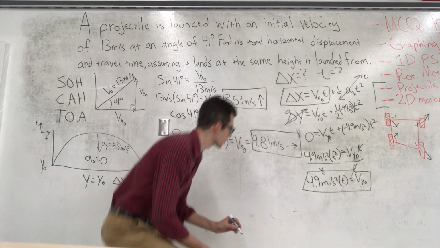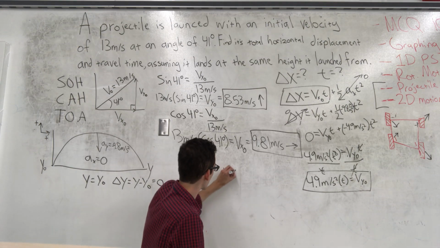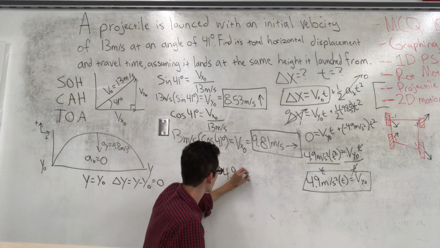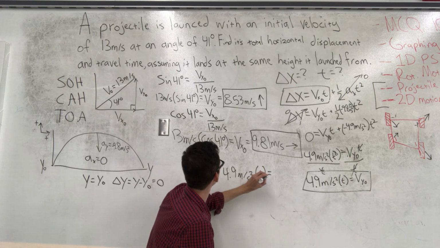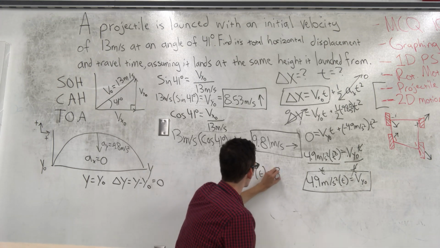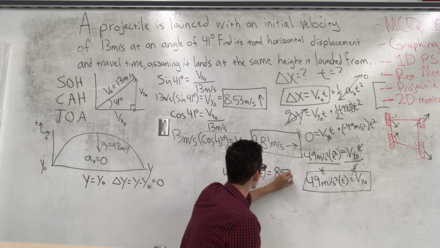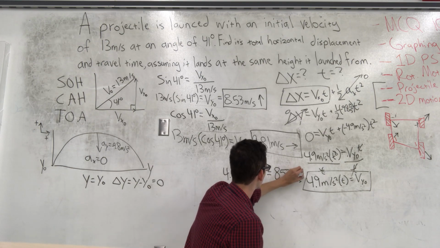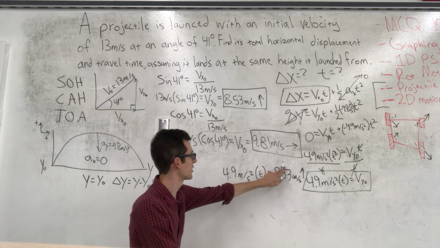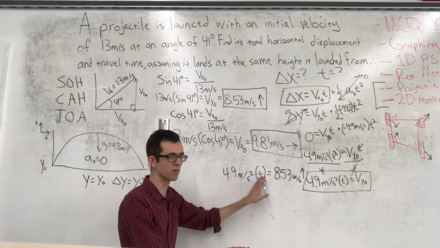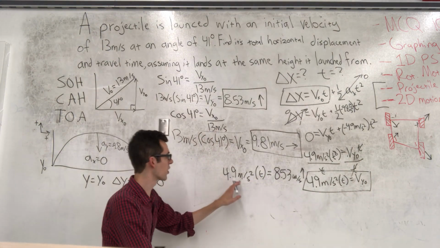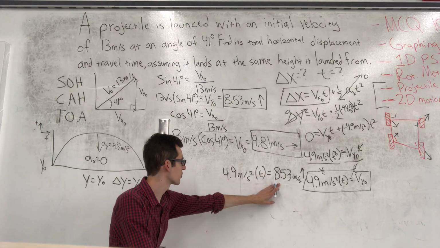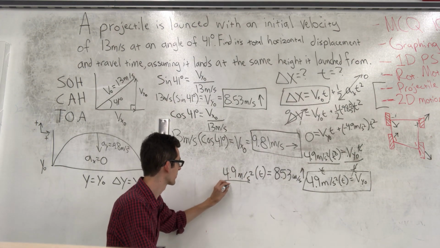If we do that over here, 4.9 meters per second squared times t equals 8.53 meters per second upwards. Now that 8.53, we're going to solve for t here because that's our one unknown variable, and we'll go ahead and divide 8.53 by 4.9.